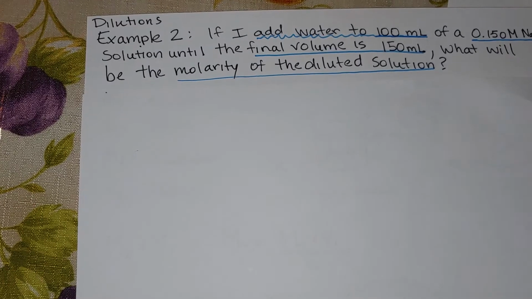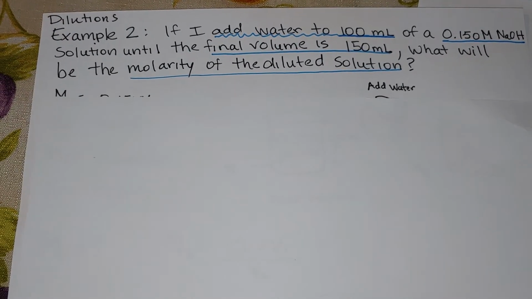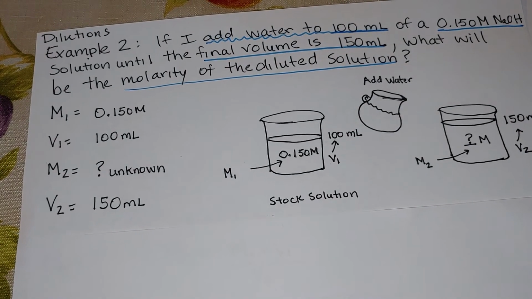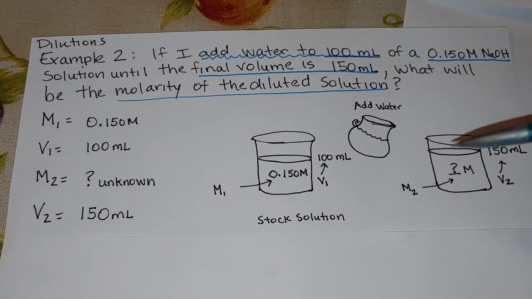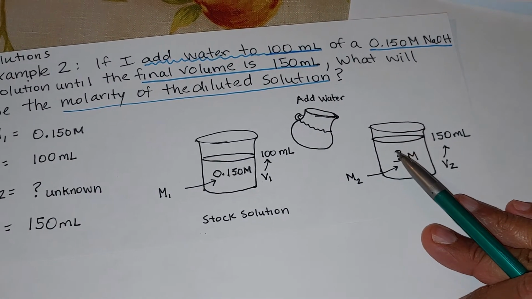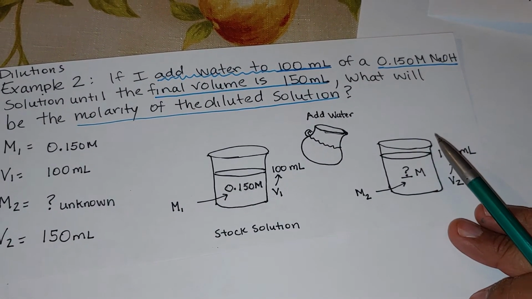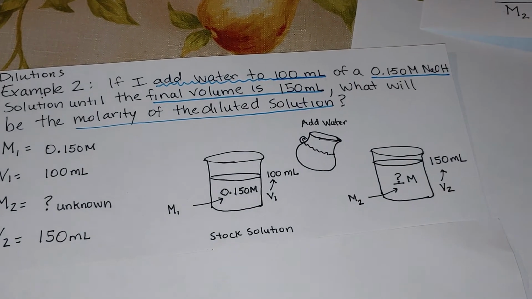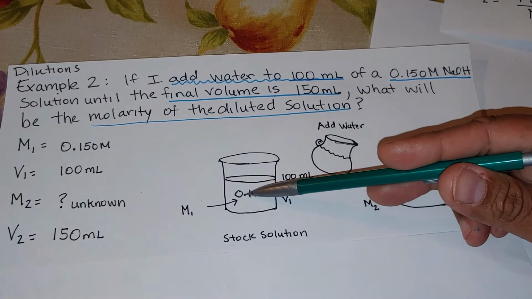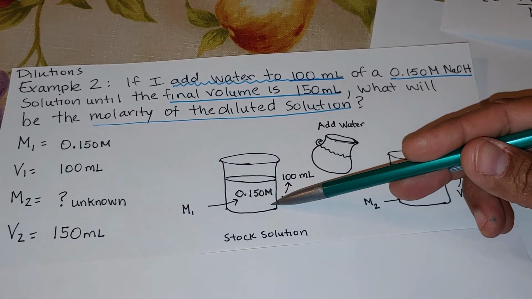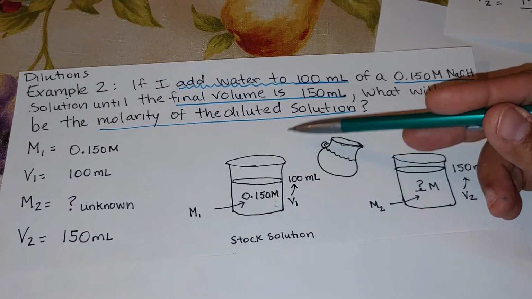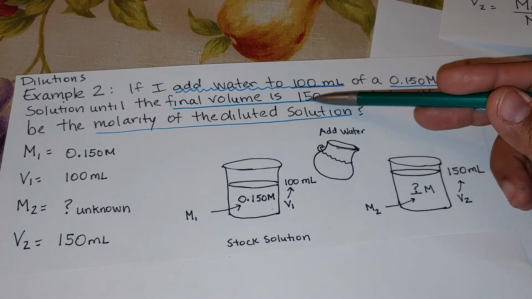Again, I'm going to visualize it, draw a picture, and see what I have. Let's look at my stock solution. I have a concentrated solution of 0.150 molar sodium hydroxide, and it tells me that there's 100 milliliters of it.